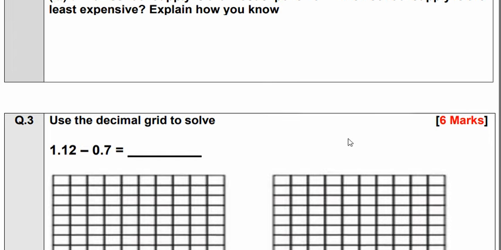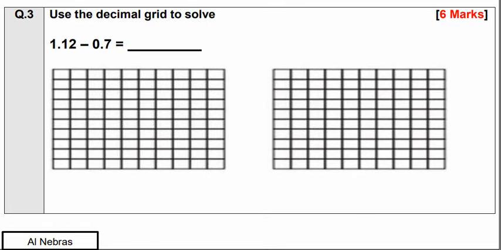Okay, let's move on. Next question, we have subtraction of decimals. 1.12 minus 0.7. Now here, let's put 0 here to make it simple.